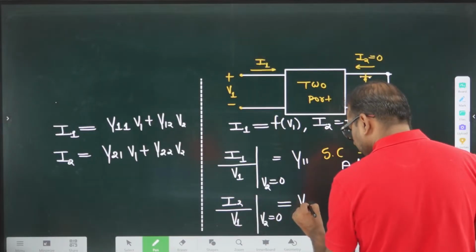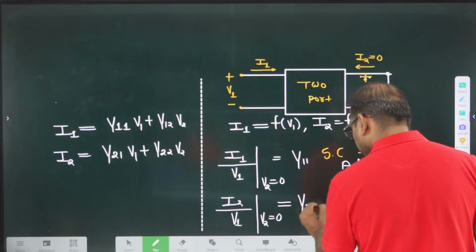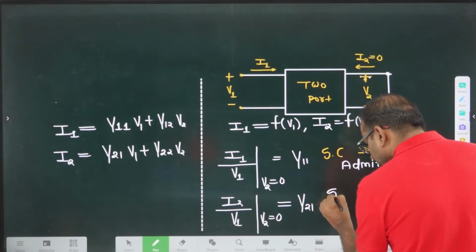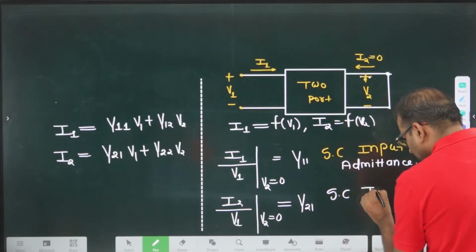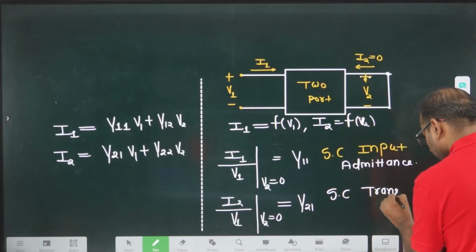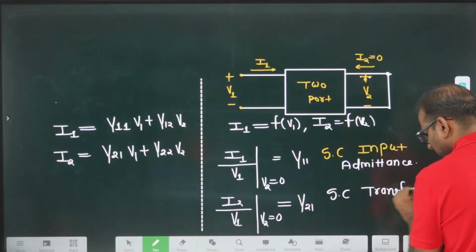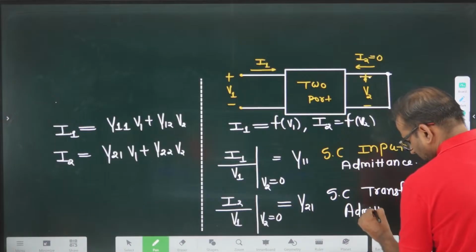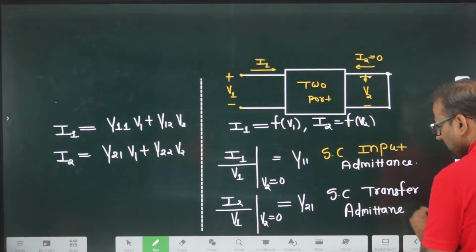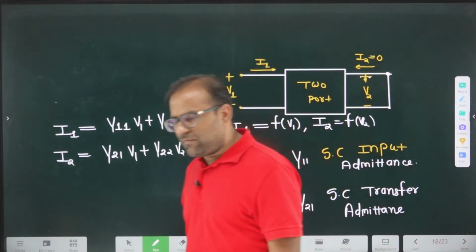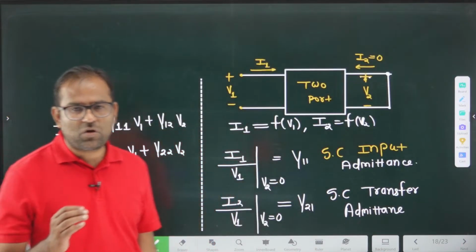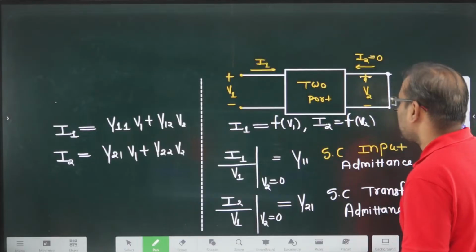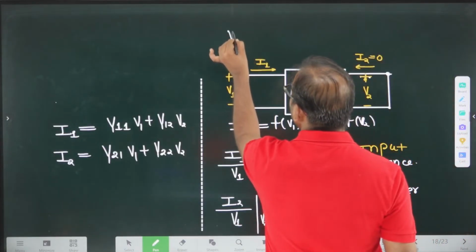This 2 will appear here, this 1 will appear here, and we can call this parameter short circuit transfer admittance. And we can apply the short circuited output. Likewise, we can apply the short circuited input also. So this is the condition by making V2 equal to 0.